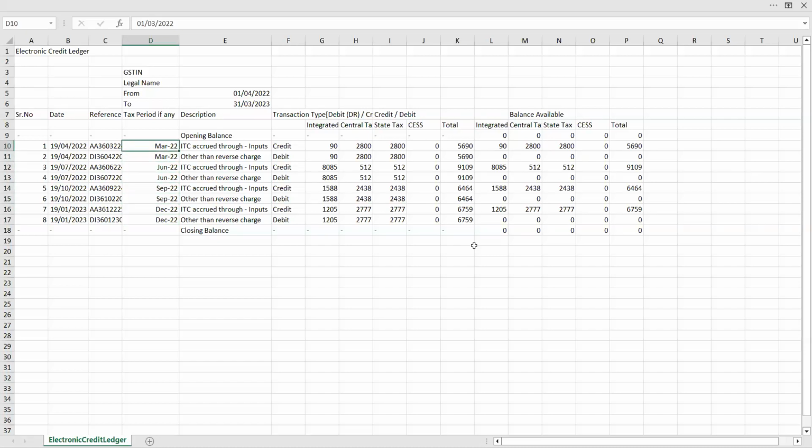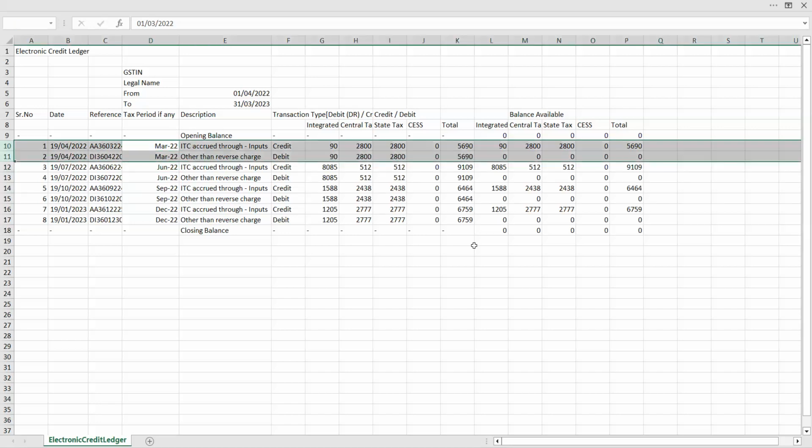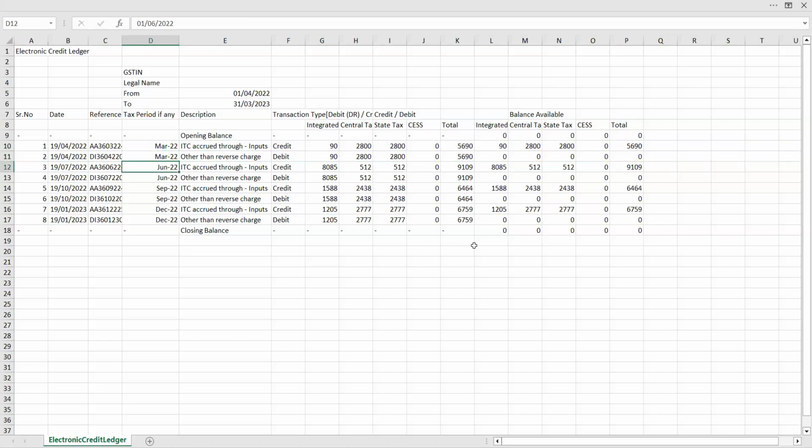Okay. So now if you see these two entries, as I told you, these two entries will not come in this. We would have already entered this in the March 22 tally, right? So now our first entry is the transaction as per government ledger on 19th July, for June. Okay.